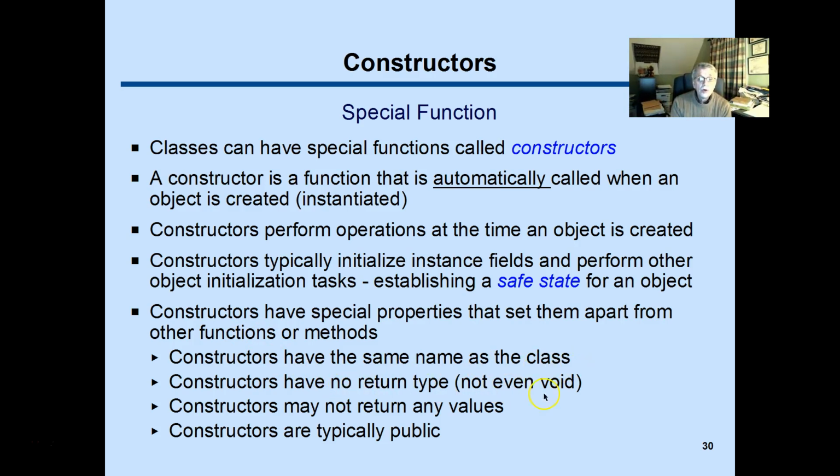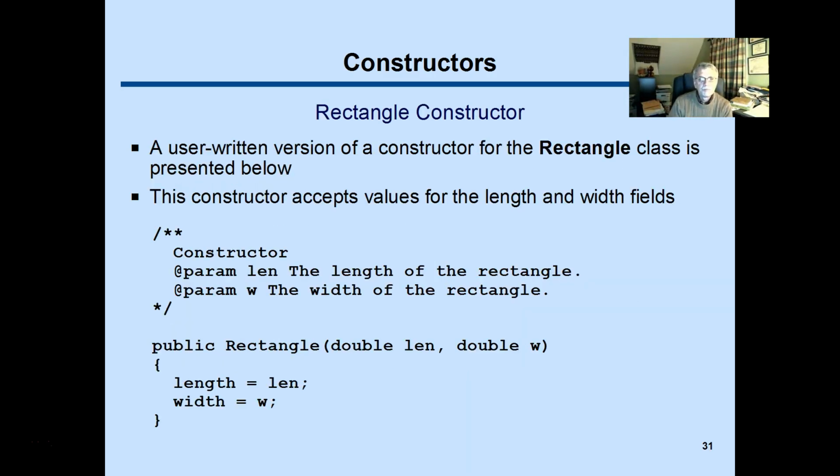Constructors do not have a return type. Doesn't mean they're void. They don't even say void. They return nothing. That's a big distinction. Constructors may not return any values, and constructors are typically public because you want to be able to invoke them and instantiate objects.